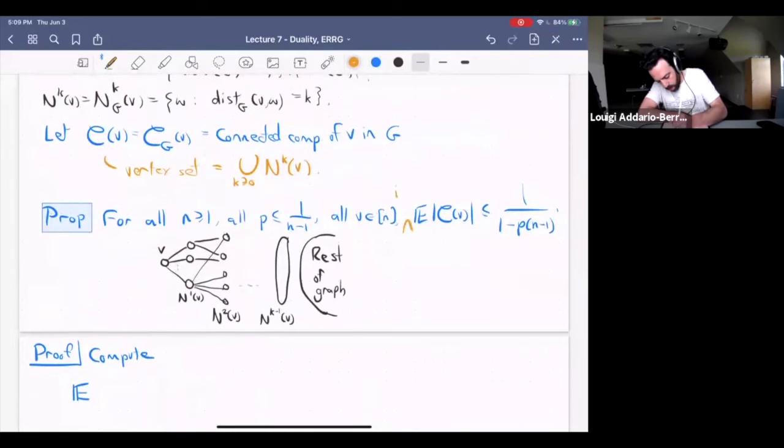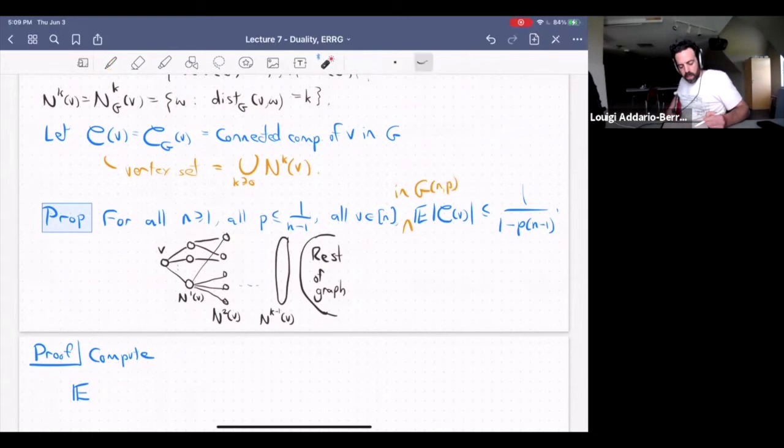It's important here that we're in G(n,p). All the edges incident to v in this graph are all the edges with weight at most p, so there's some binomial number of neighbors.